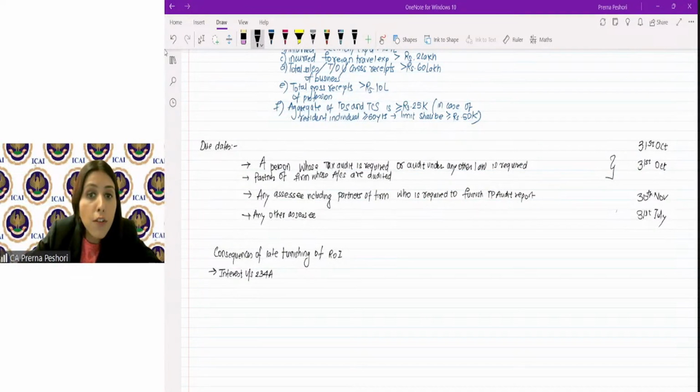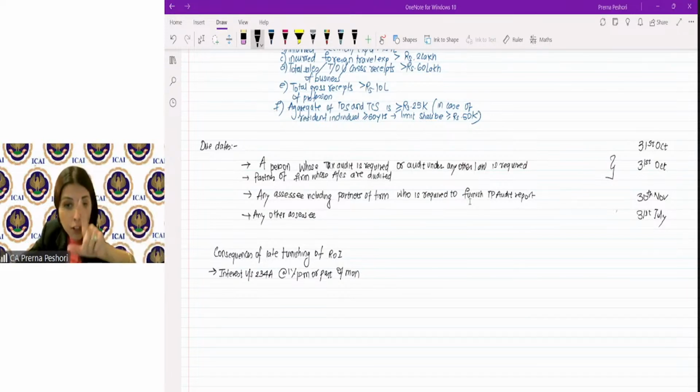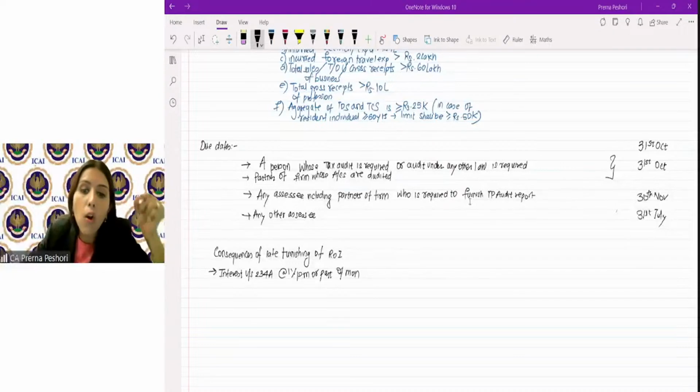Now, interest under 234A is how much? It is 1% per month or part of month. So even if you, let's say, file one day late, 1% interest for the month, part of the month will become applicable. So interest is applicable 1% per month from the period commencing immediately after the due date expires till the date of furnishing the return of income.